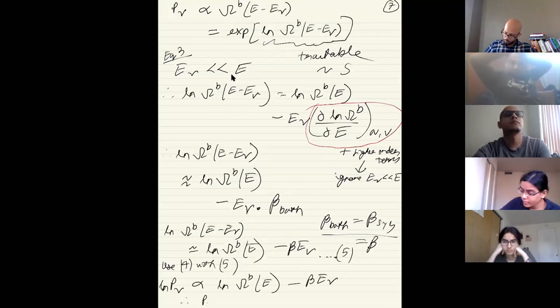Therefore, P nu is proportional to e to the power ln omega bath of E, multiplied by e to the power minus beta E nu.